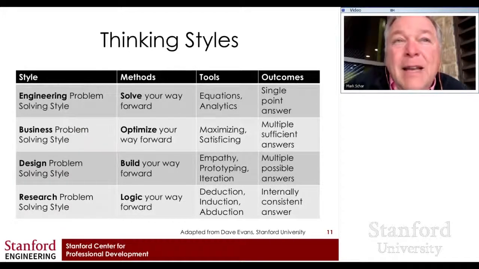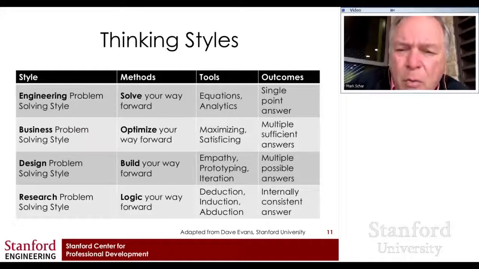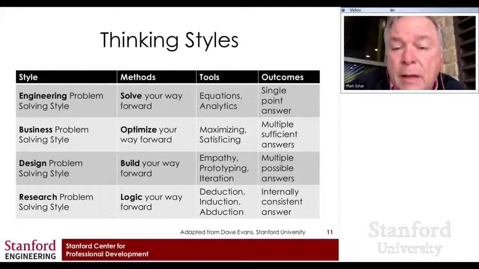And if I need a novel answer, something that's completely new and different, design thinking could be the way to go. So what I tend to do is start with the answer. Even though I don't know the answer, I can guess what type of answer I'm going to want, and that will oftentimes lead to a style of thinking.